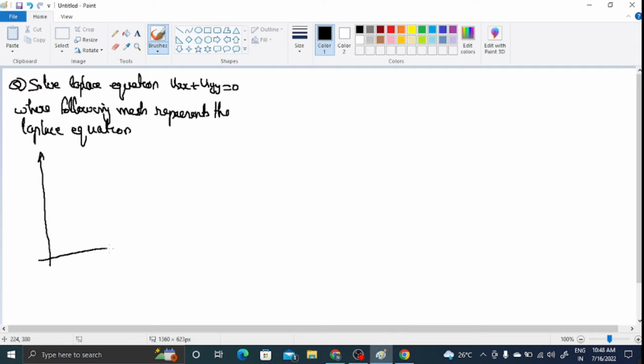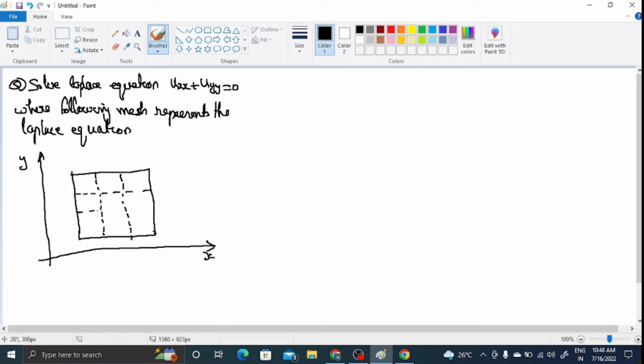First one: we have a mesh. This is x, this is y. So the mesh is like this one. Okay, so this is x0, and this x0 is 0 and the corresponding u value is 0.